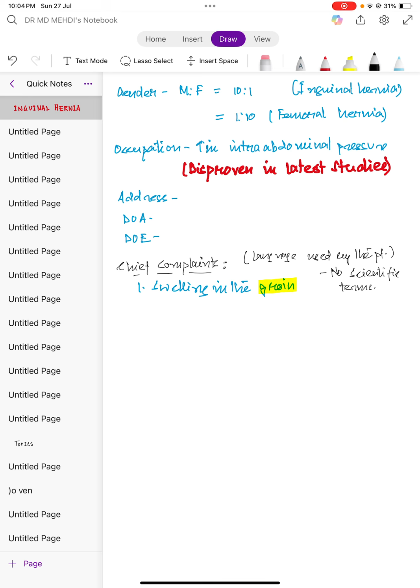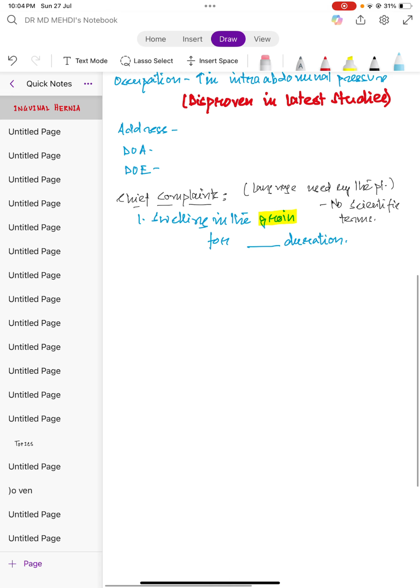So mainly the chief complaint is swelling in the groin, and after that you have to write for this much duration. Suppose a patient is presenting with a swelling for 8 years. So, swelling in the groin for 8 years.